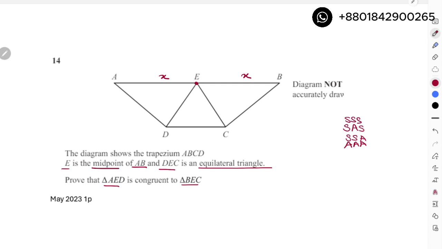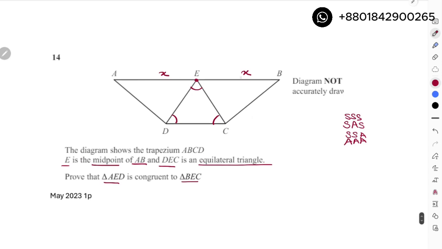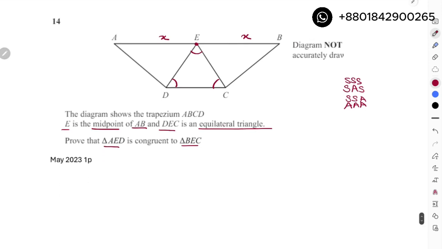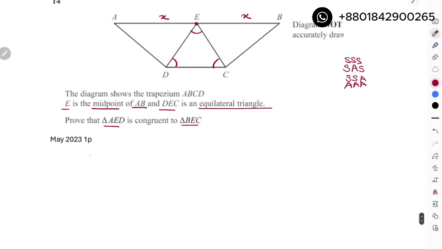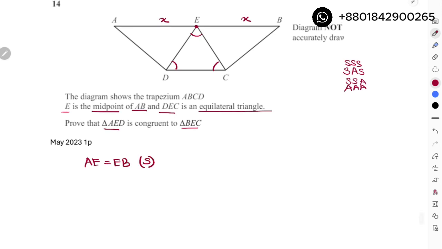DEC is an equilateral triangle. Okay, if this is an equilateral triangle, that means this is 60 degrees, 60 degrees and 60 degrees, right? If these are all 60 degrees, already in AED and EBC, we can see that AE and EB have the same length, right? So this is one of the similarities part, that AE and EB are of same length, so one side is already matched.